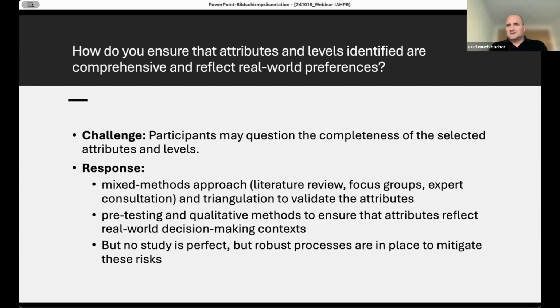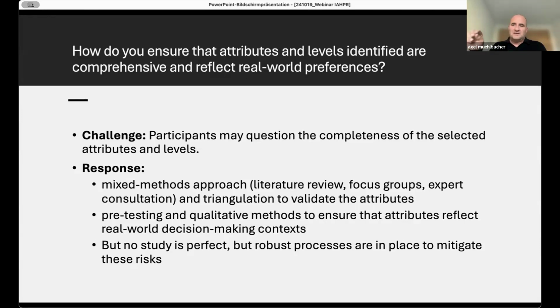Talking to regulatory bodies, most of the time the most vulnerable critique was when we forgot to include a certain attribute. So its validity is most of the time challenged, especially in regulatory, about the completeness. And to get this one step further, a new problem, at least for me, which arises, is demonstrating how a certain endpoint can be patient relevant.